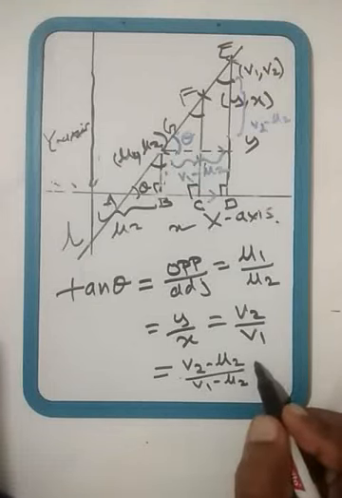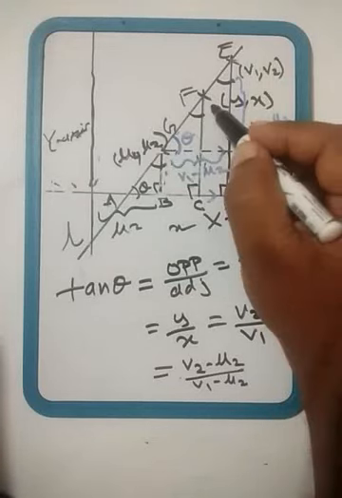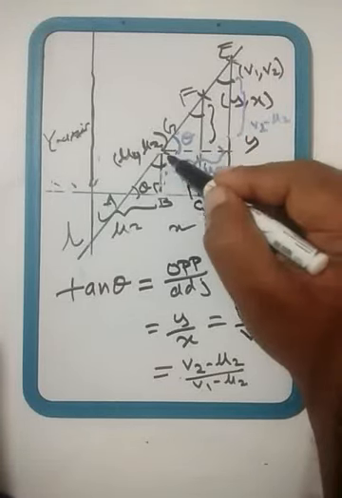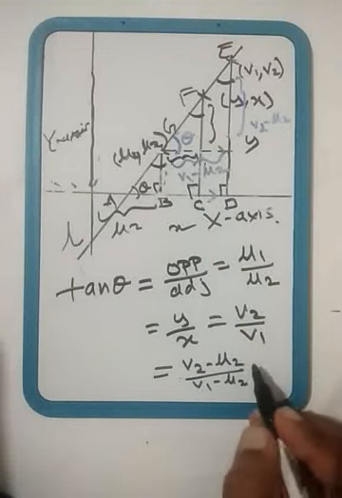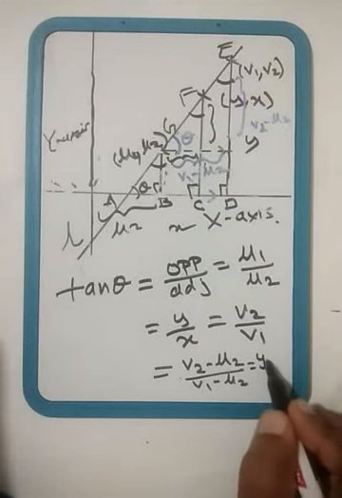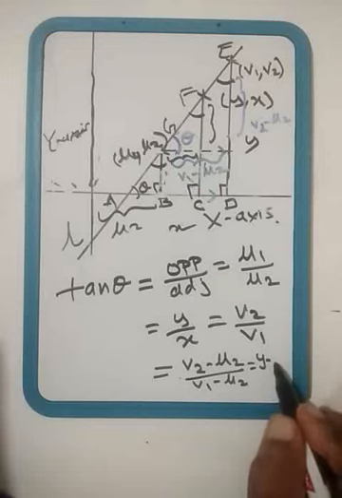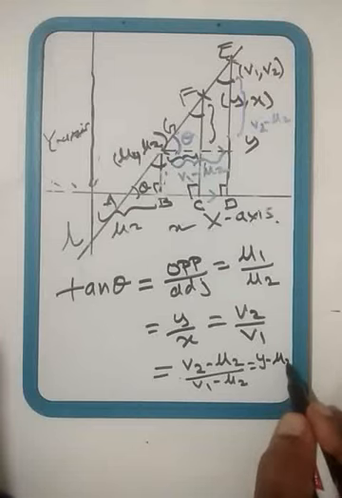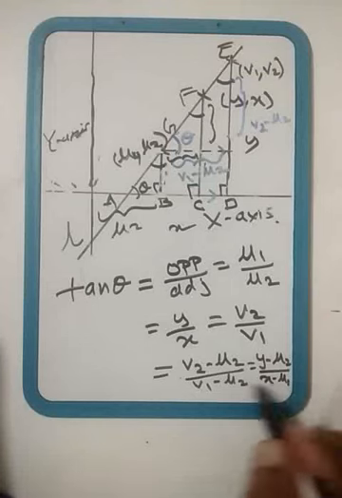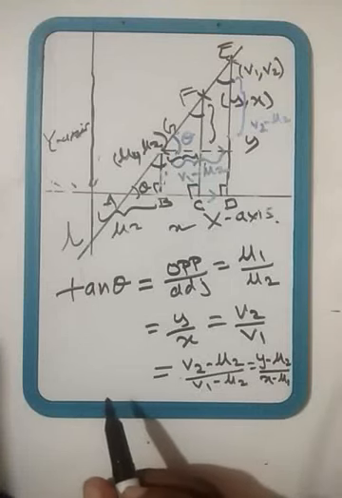And if you look at this triangle, similarly this is the same thing as y minus u2 upon x minus u1.